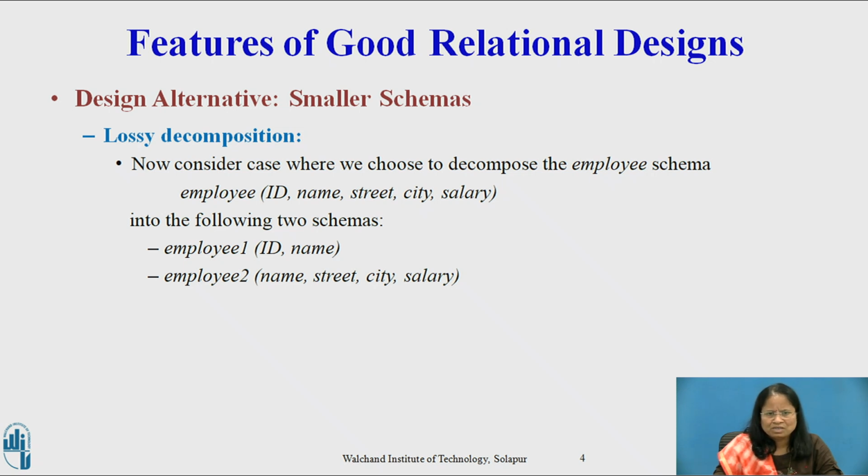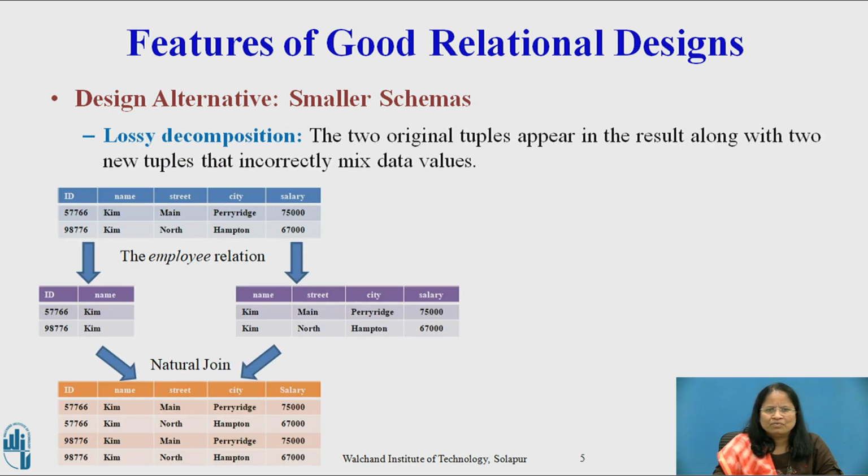As an example, let us assume two employees, both named Kim, work at the university and have the following tuples in the relation on schema employee in the original design. The figure shows these tuples, the resulting tuples using the schemas resulting from the decomposition, and the result if we attempted to regenerate the original tuples using natural join.